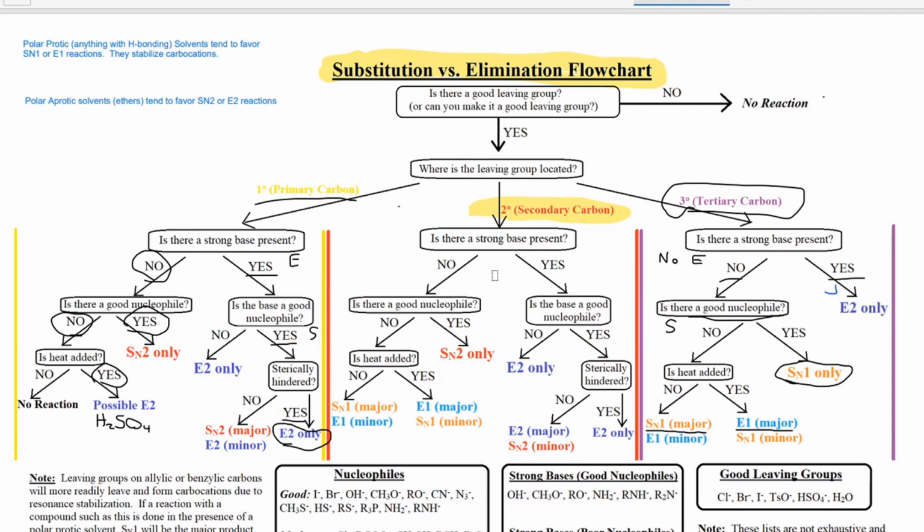It's a little bit more tricky because you can get everything with the secondary. You can get SN1, SN2, E1, or E2, depending upon what you have. And in fairness, this is probably one of the most difficult units in all of Gen Chem, or in all of OChem 1.